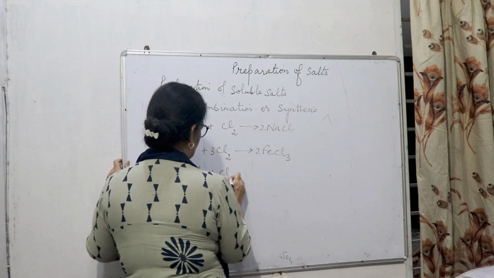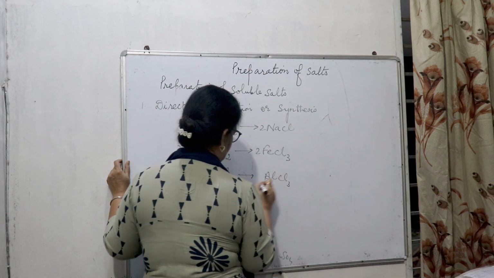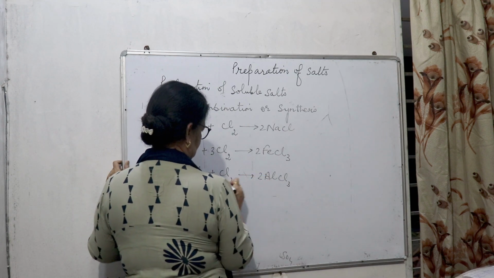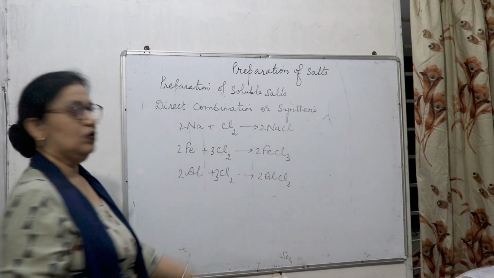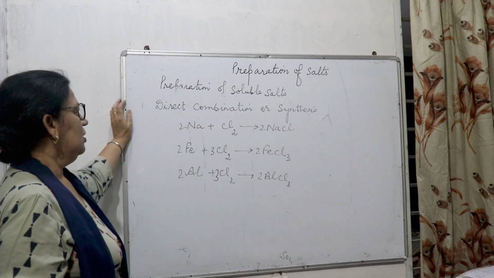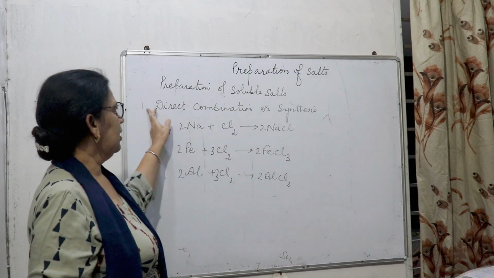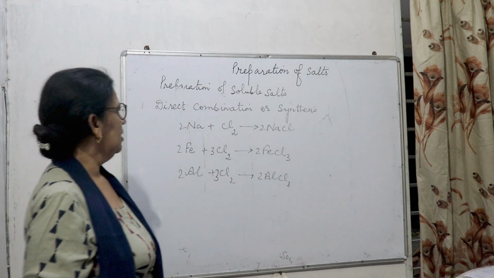Aluminium plus chlorine gives aluminium chloride. This is also direct combination. So when two elements combine and give the salt, that method is direct combination, and these three salts are soluble salts.